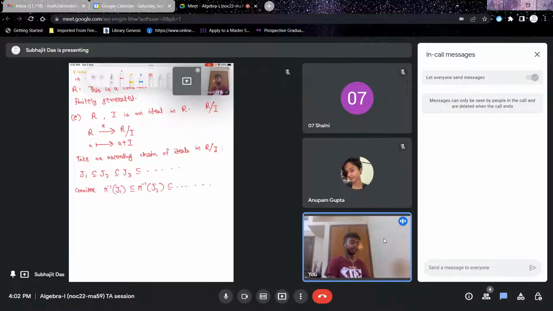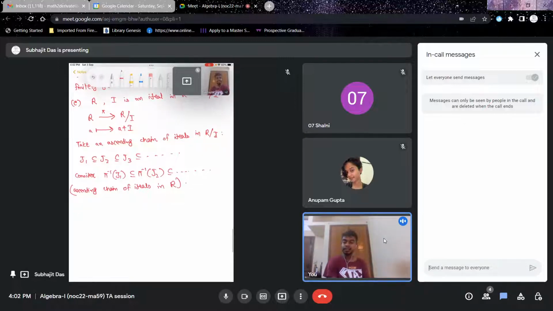The point here is that this is an ascending chain of ideals in R, okay? So you take any ideal in your codomain, if you pull it back, you always get an ideal in the domain, right? So this is an ascending chain of ideals in R, right?